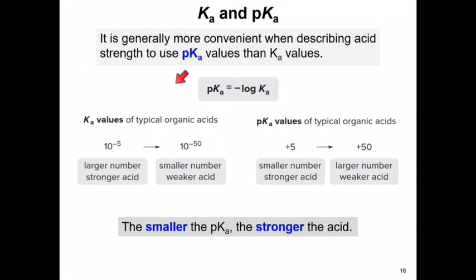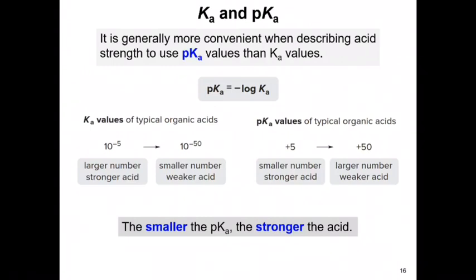The negative log of 10 to the negative 5 gives you a pKa of positive 5. The negative log of 10 to the negative 50 gives you positive 50. So the relationship in terms of acid strength between Ka and pKa is reversed.